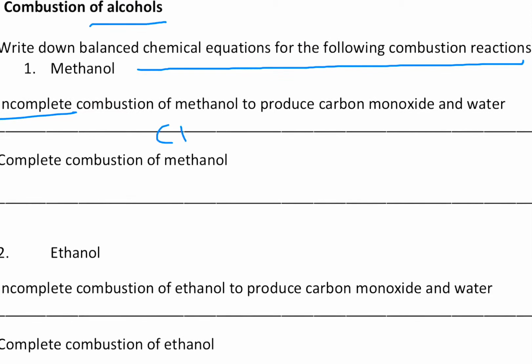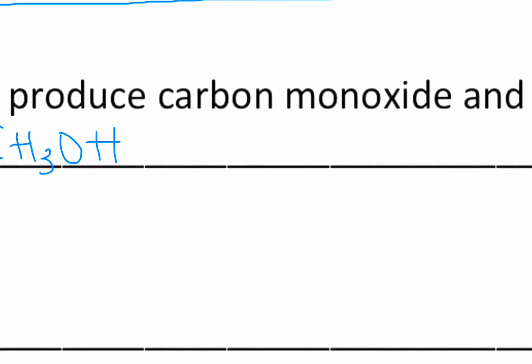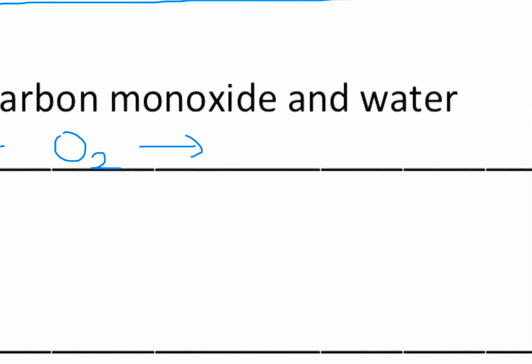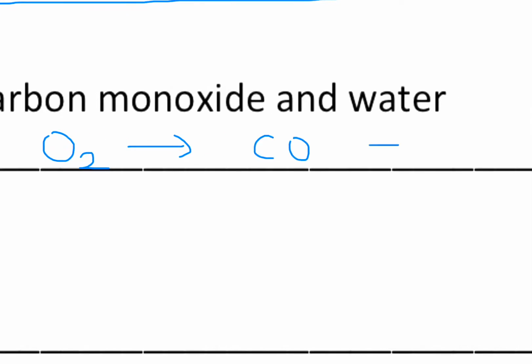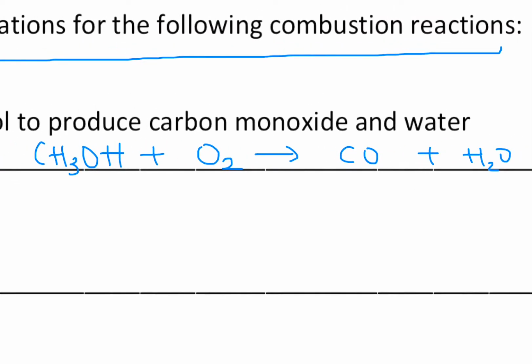Methanol is CH3OH. In incomplete combustion, it will react with oxygen to give carbon monoxide and water, so CO and H2O. Let's balance this equation. So 1 carbon, 4 hydrogen.